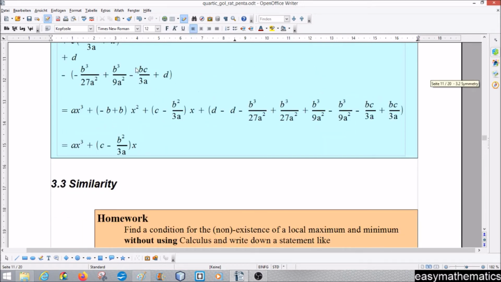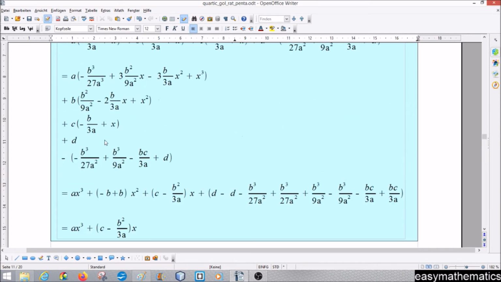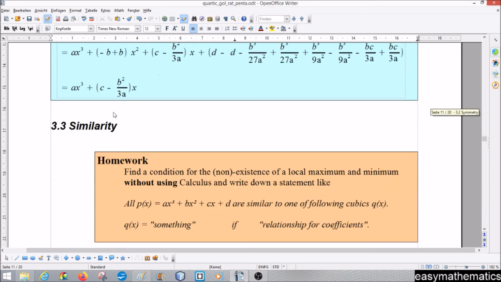And what we get at the end is a cubic, a times x cubed plus some coefficient times x. So there are only odd exponents, and therefore the condition for point symmetry is satisfied, and therefore all cubics are point symmetric. Okay, so for the details, please download the document.